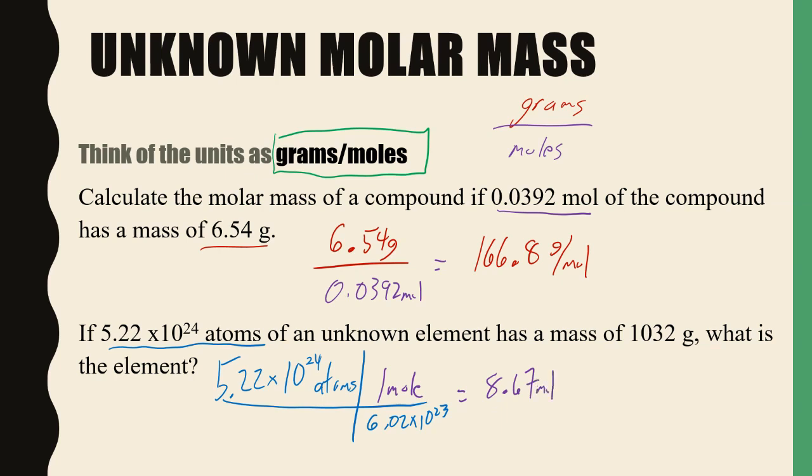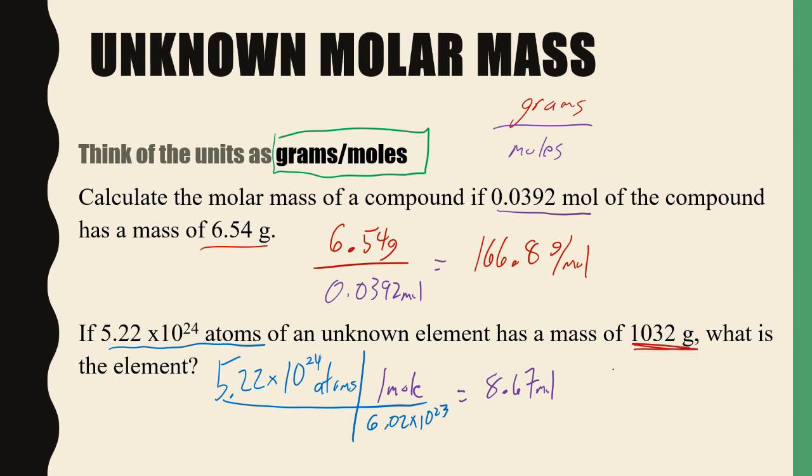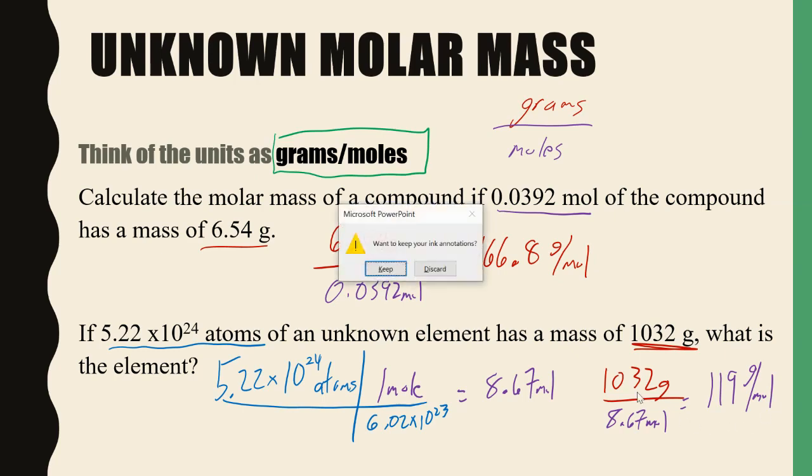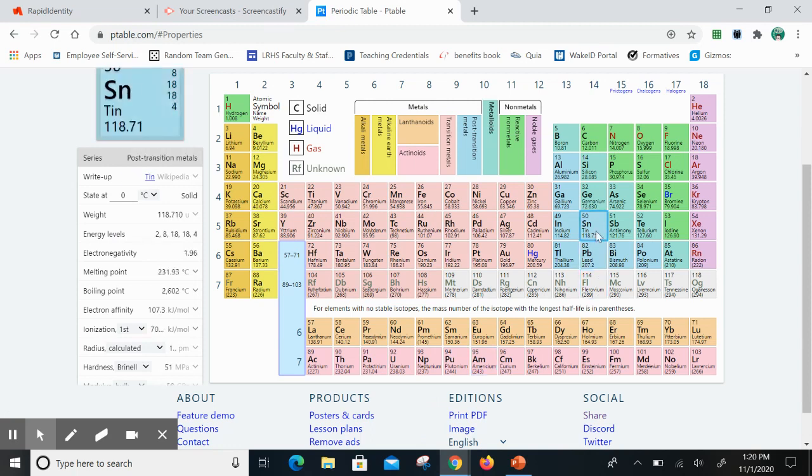And then from that, we're going to divide our mass that's given, which for these problems, it'll always be given. And then you divide it by the moles, which is the 8.67. And that'll give you 119. All right, so 119 grams per mole, if you go to the periodic table, is going to be ballpark, I think, 10.